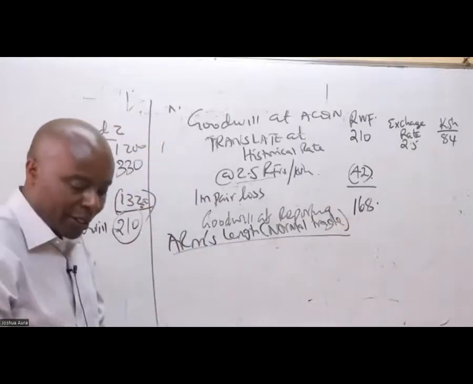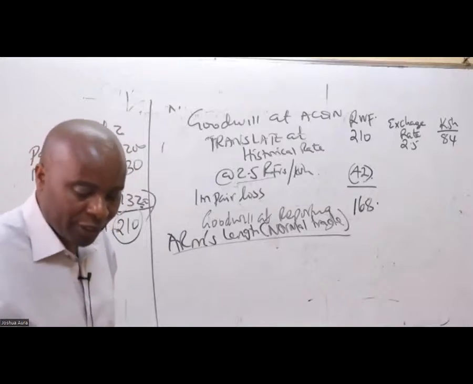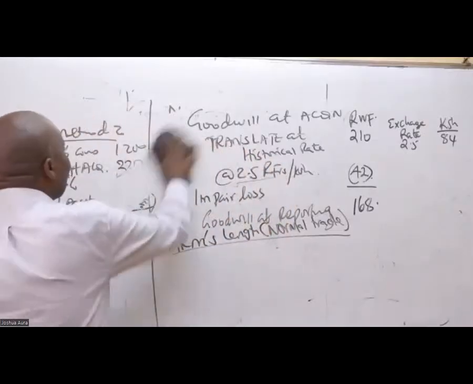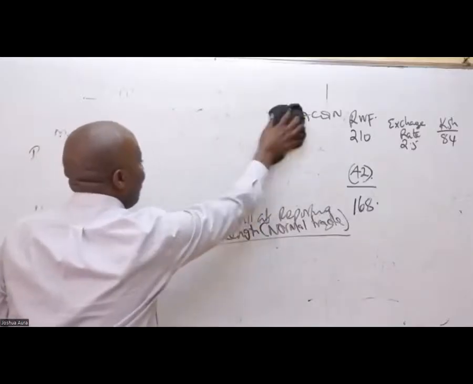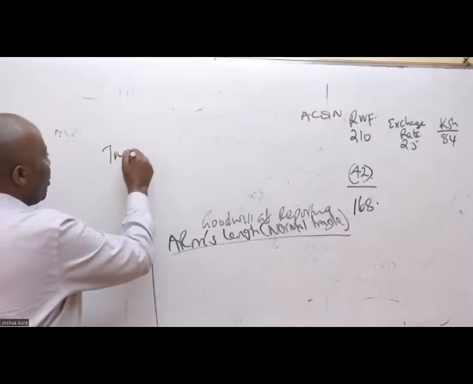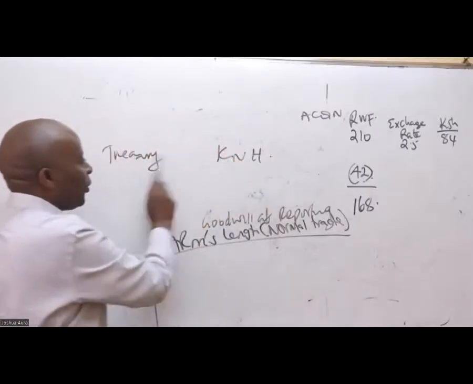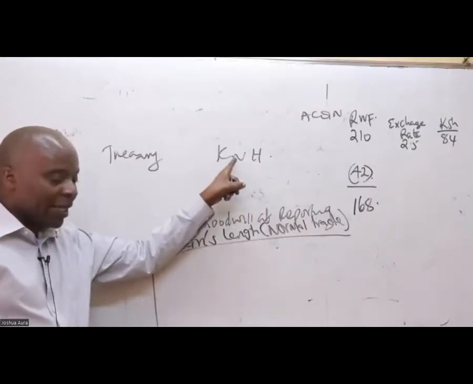Listen, ladies and gentlemen, assuming in government we have related parties like Treasury and Kenyatta National Hospital. Of course, we know the two are related, because KNH must be getting money from Treasury.